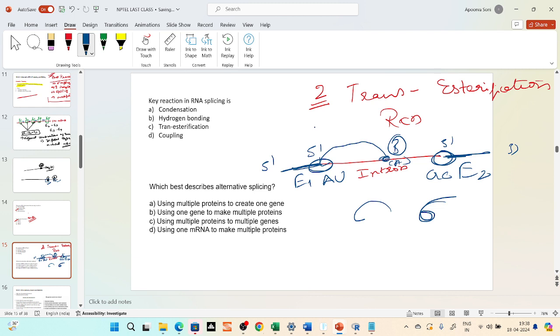So this attack and this removal at the 5' splice site is the first trans-esterification reaction, and when this attacks at the 3' end, you have a second trans-esterification reaction. So there are two trans-esterification reactions in RNA splicing. So in an intron, you have splice sites. So you have a 5' splice site, you have a 3' splice site, and in between you have a branch point which has an A. Okay.